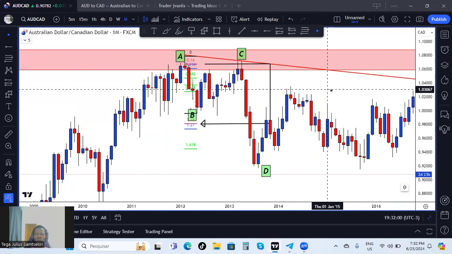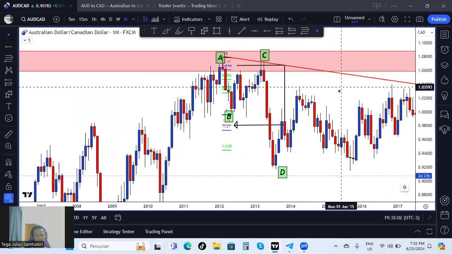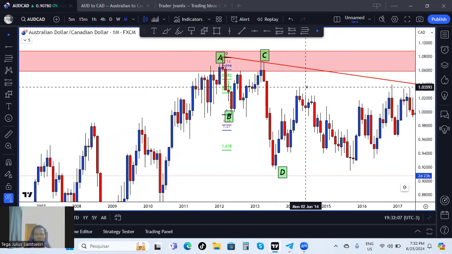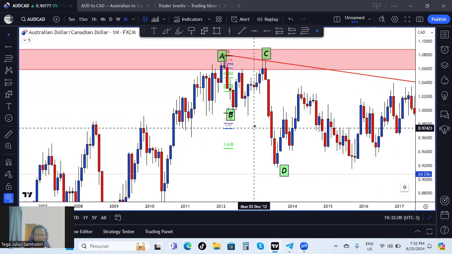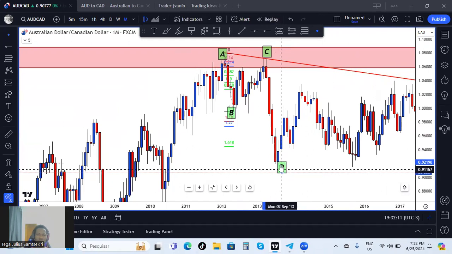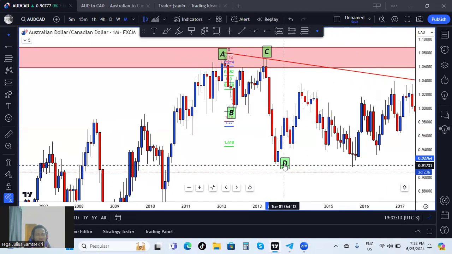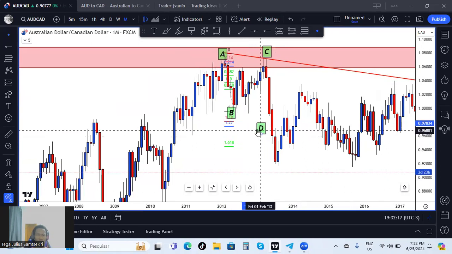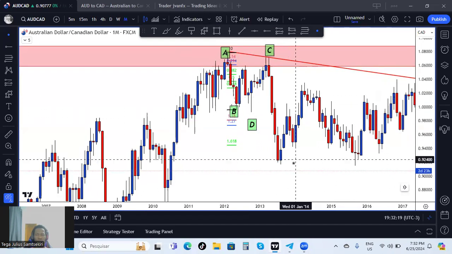Now, if we want to adjust the Fibonacci, how do we adjust the Fibonacci? Okay, this is the extension D. Why is this place the extension D? Why not here, the red area? Okay, it is this area because we need to find a low.